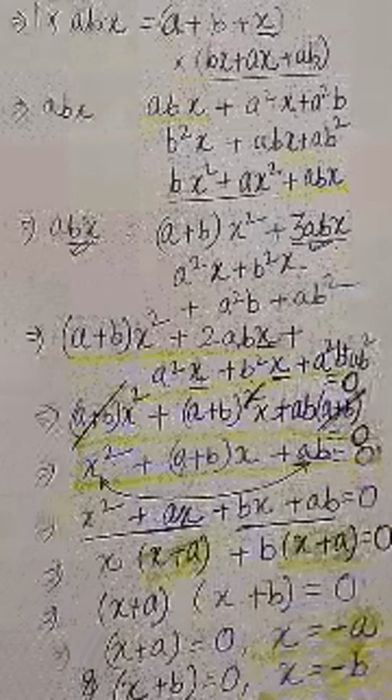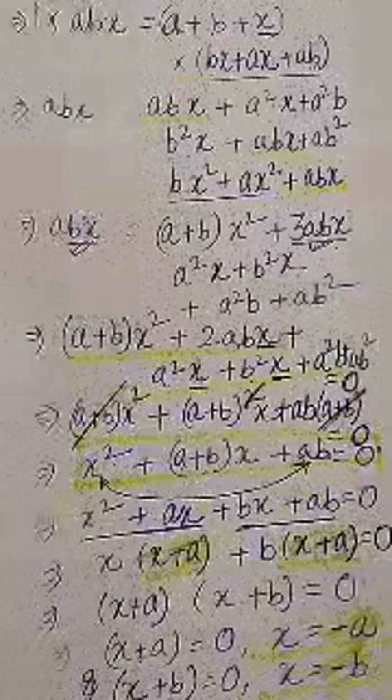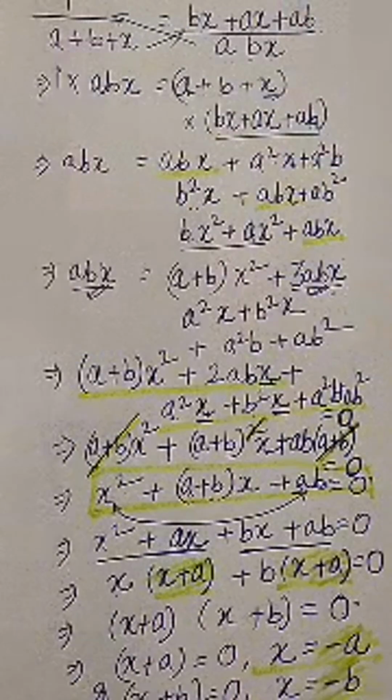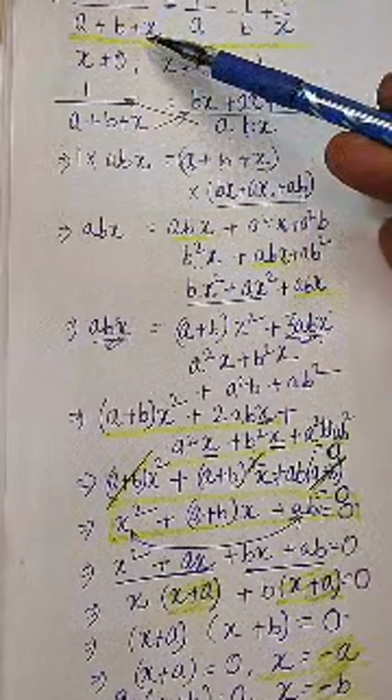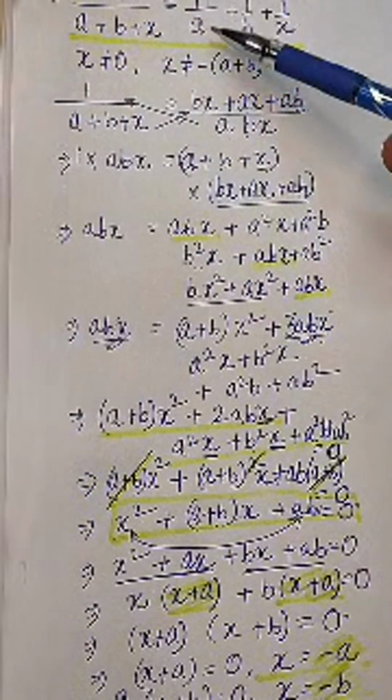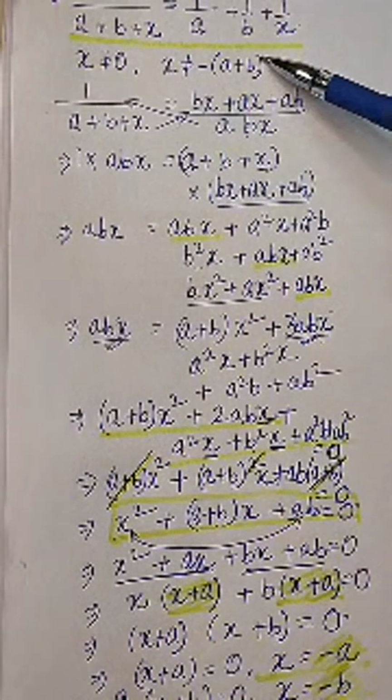And dear friend, when you are going to solve this equation, 1 by a plus b plus x, let me squeeze a little so that the entire screen will be visible to you. Yes, this was the question in front of us. 1 by a plus b plus x equal to 1 by a plus 1 by b plus 1 by x.